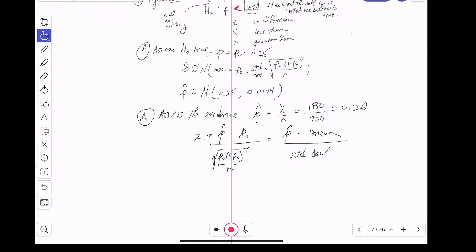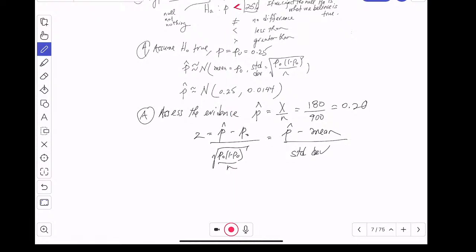All right, so let's do it. Let's make the calculation. So z is 0.2 minus 0.25 divided by 0.0144. And what do you get?